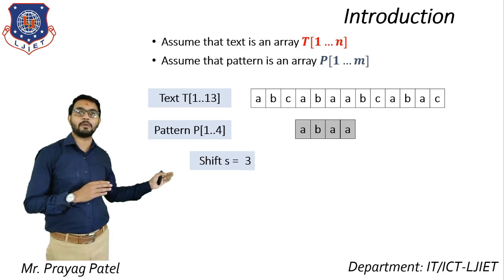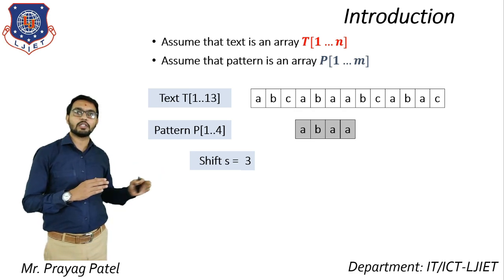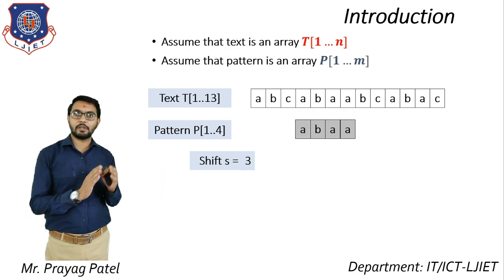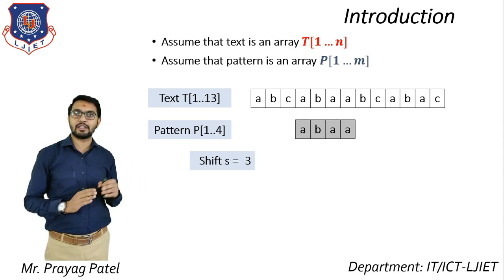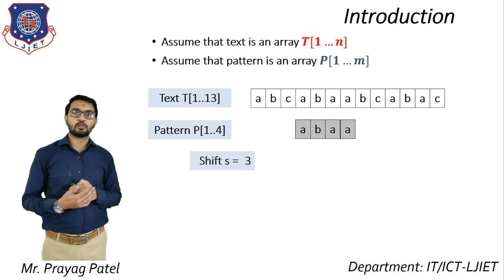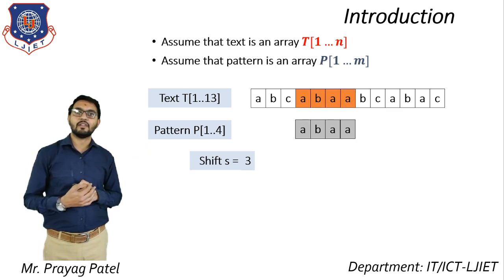So s equals 3 because we shifted the pattern 3 times. First time we shift, then it is at the B location, second time shift, then it is at the C location, and third time shift, then it is at the location A. This is called the shift operation. Now the pattern and text are matched.